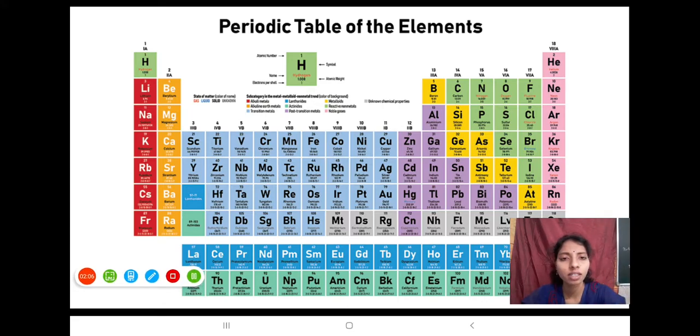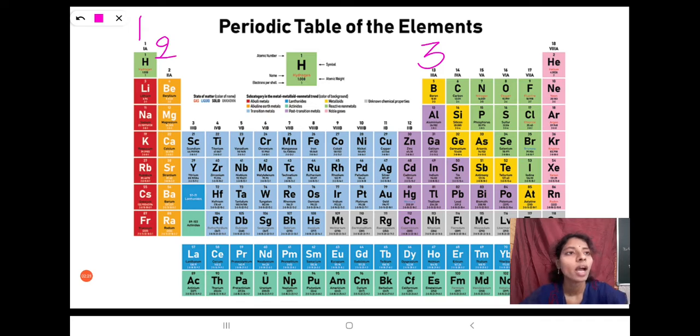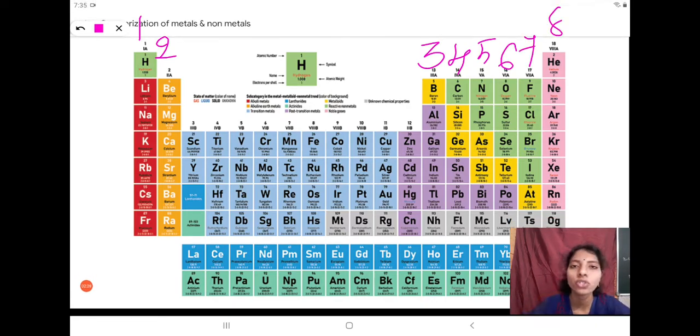You can see here the valency of 1A group elements is 1 and the valency of 2A group elements is 2 and 3A group elements the valency is 3 and for 4A group elements 4, 5, 6, 7 and 8.